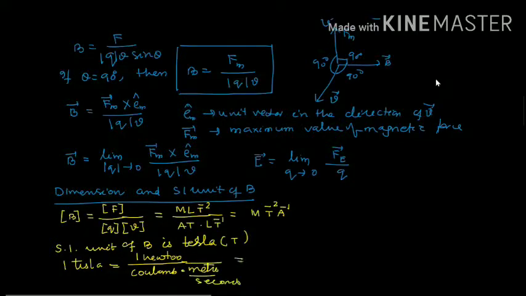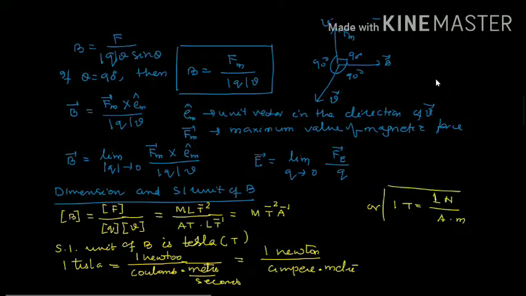That is equal to 1 Newton divided by Coulomb per second, which is ampere, into meter. We can write 1 Tesla equal to 1 Newton per ampere meter. So this is 1 Tesla.